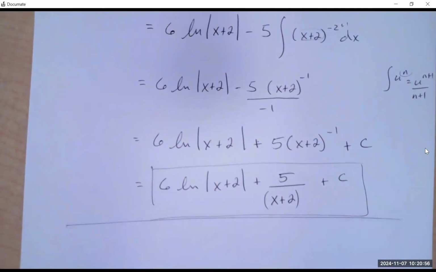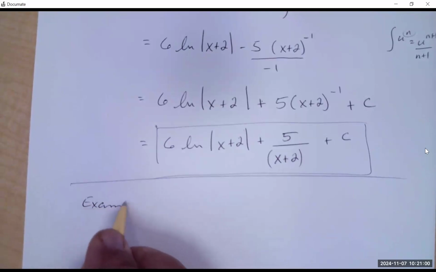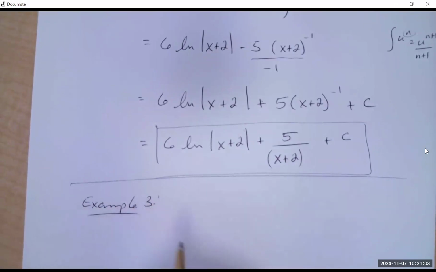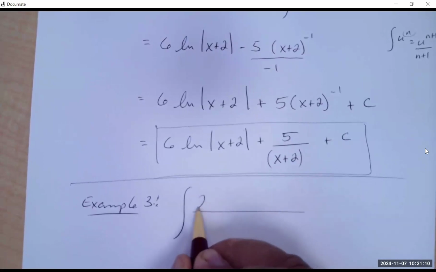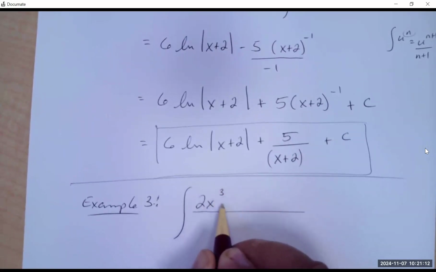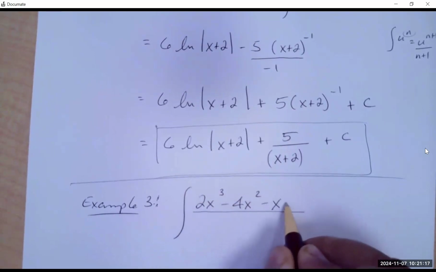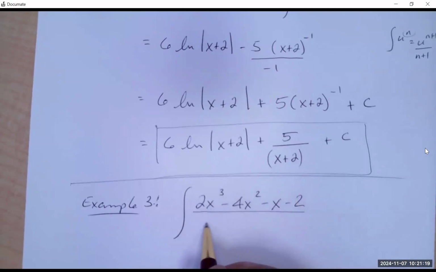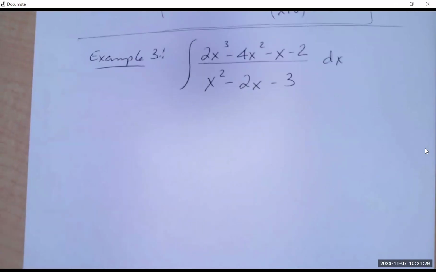All right. Now, the next example we're going to look at. Let's see if you can distinguish what's different about this one. Now we have this one.